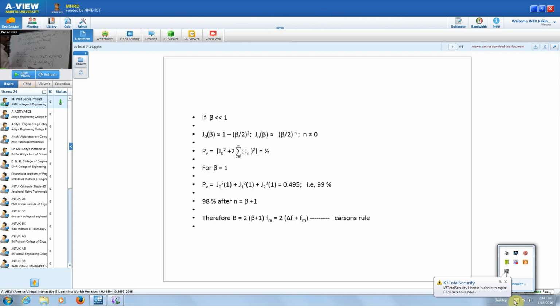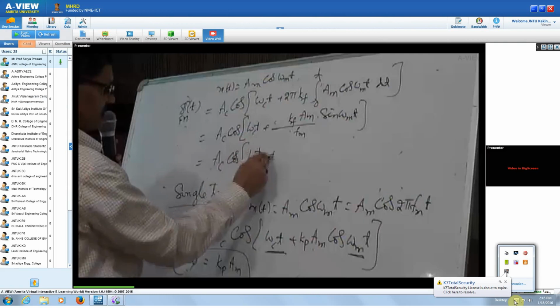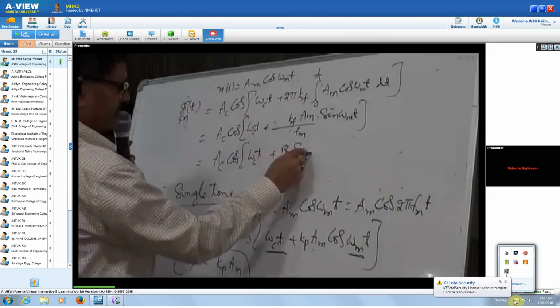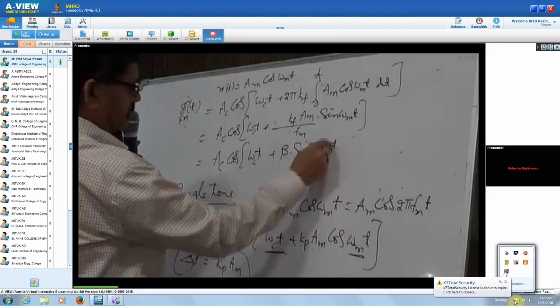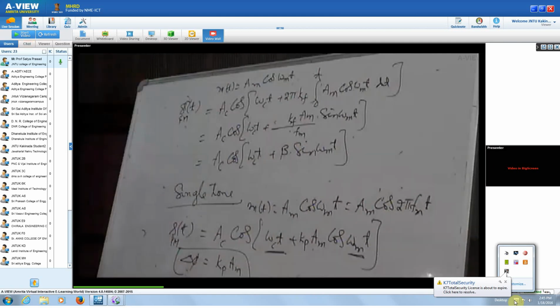So this is the signal that we are going to have, where beta is going to be our phase deviation.